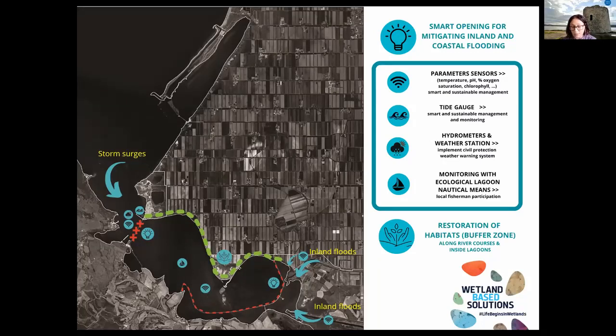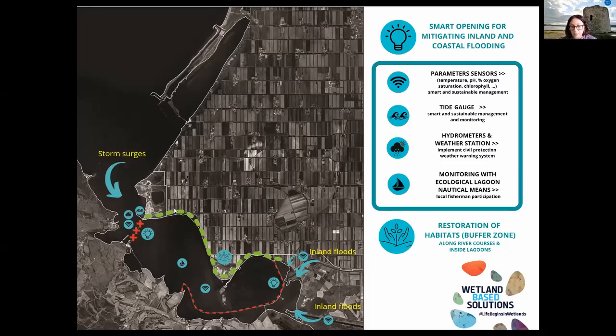And so if the level of salinity, for example, of the lagoon becomes too high, we will be able to quickly open the gates that are located in this part of the wetland, and let the fresh water from the pond of San Giovanni slowly enter into the Marceddì Lagoon to rebalance the salt level in the area in order to avoid negative effects of the increase of salt water on the mollusks and other fishes.